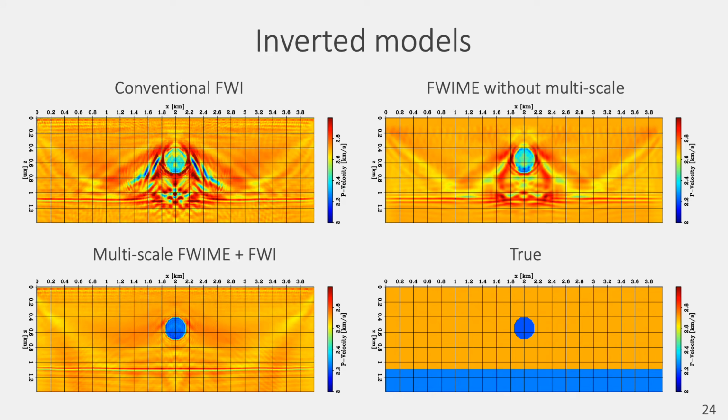As expected, FWI converged to a non-useful solution as shown on the top left panel. In the top right panel, we see that FWME without multiscale also gets trapped in a local minimum. However, by combining FWME and the multiscale approach, we dramatically improved our previous results, as the bottom left figure indicates.